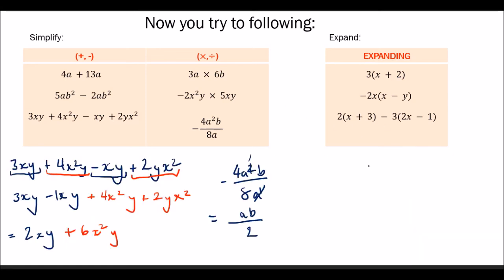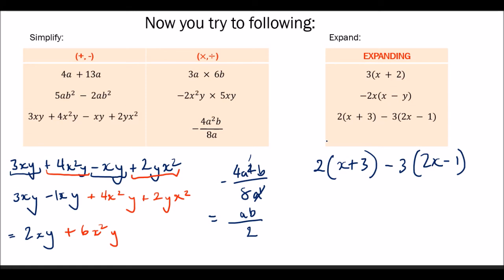Alright, last one. 2 times x plus 3, minus 3 times 2x minus 1. This one might be a bit longer because there is still one final step at the very end.